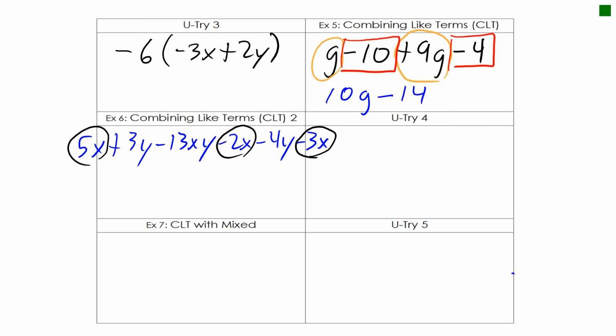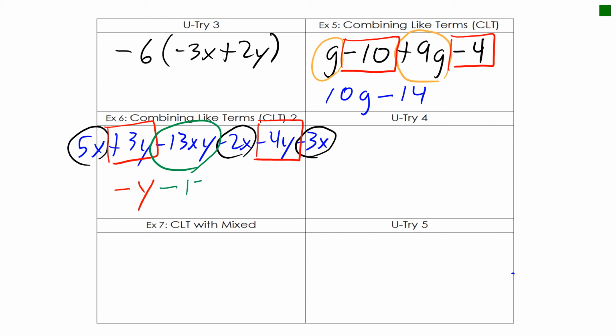I'm going to get a different color. And I'm going to put boxes around the y's. I've got a positive 3y and a -4y. They add up to -1y. I don't have to write the 1, so I'm just going to write -y. And then I've only got one term here that's got both x and y in it.